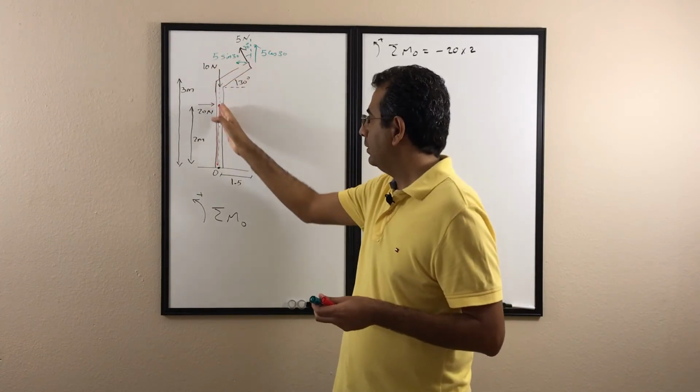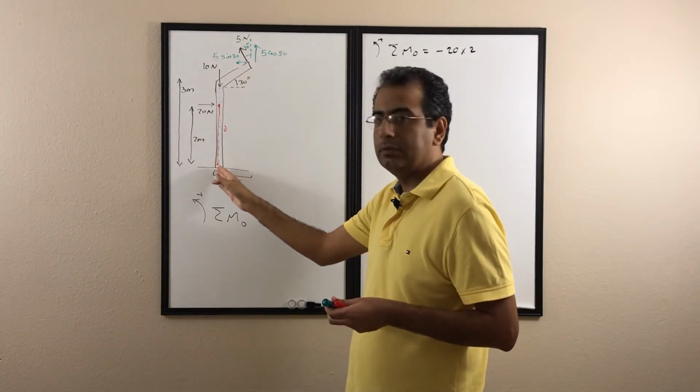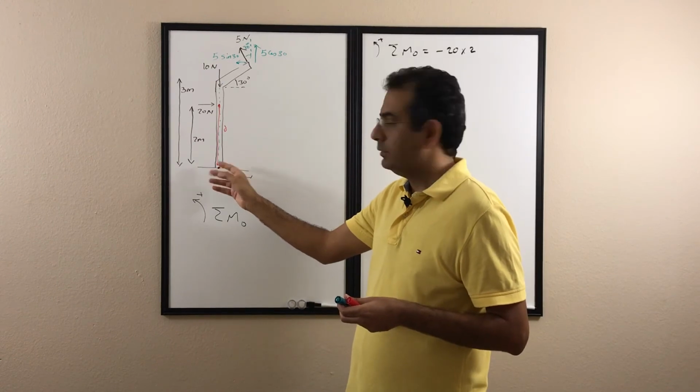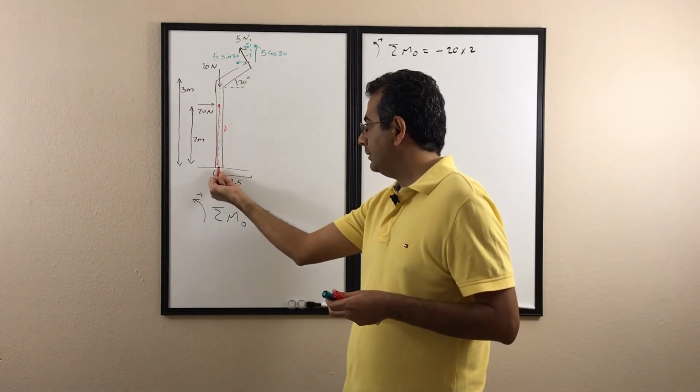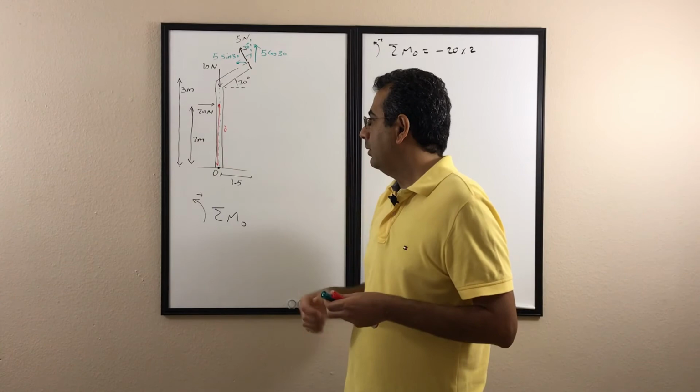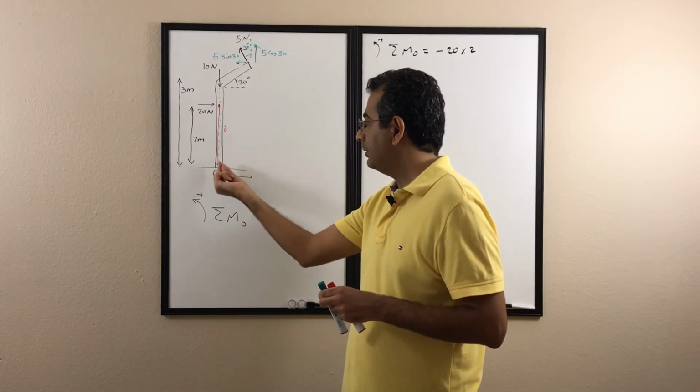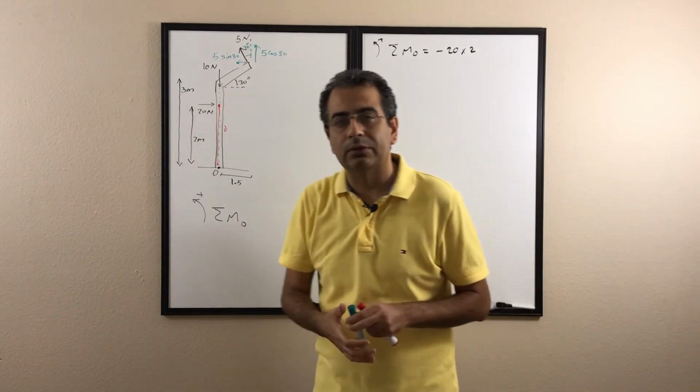If I extend the line of action, it goes through point O. So the normal distance between the point O and the line of action of the force is 0.